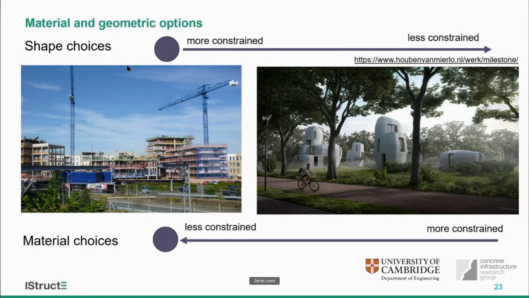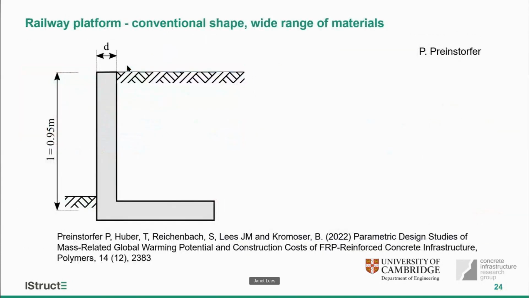As a start, I'm going to look at the more constrained and less constrained space in terms of the example that I give. That example is work led by my colleague Philipp Reinschdorfer, and what he looked at was a railway platform. This is a fairly conventional shape, using formwork, but accommodating a wide range of materials.